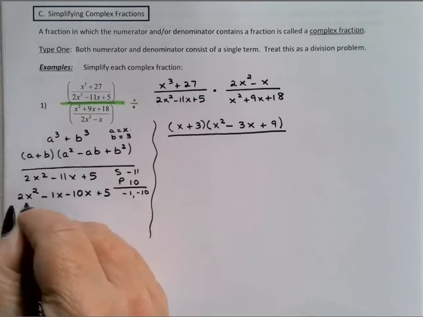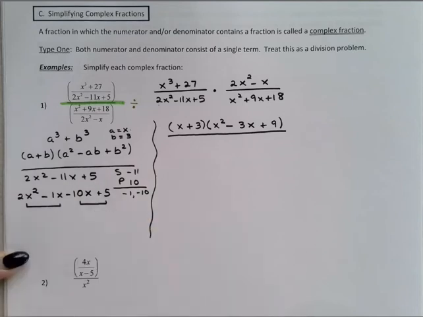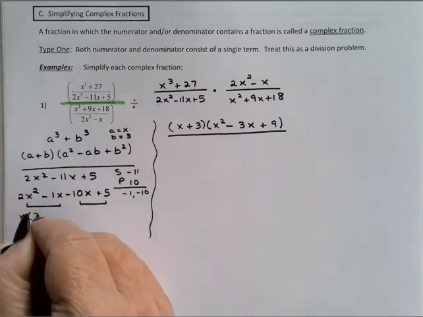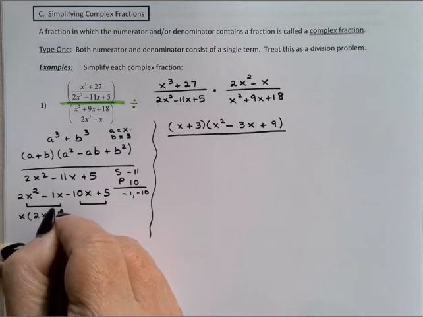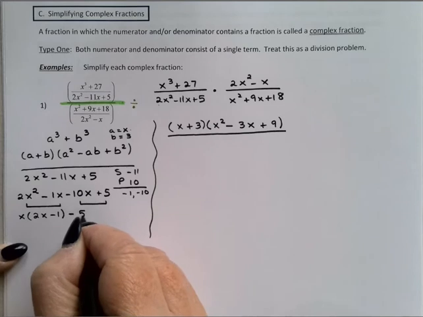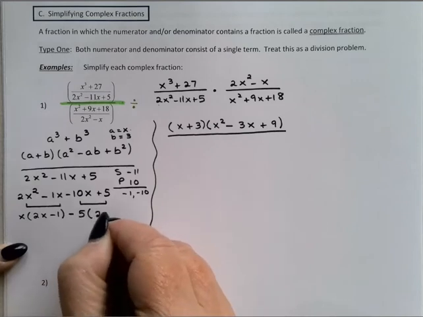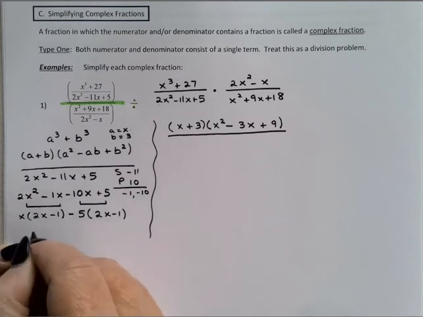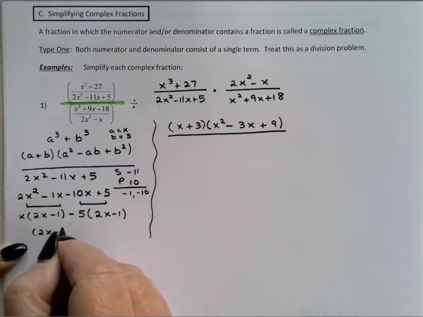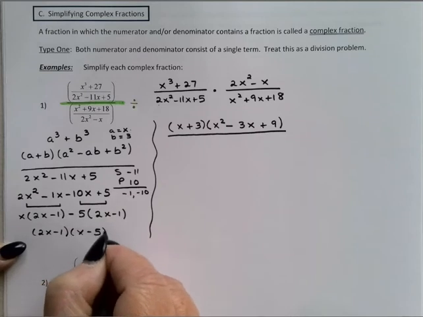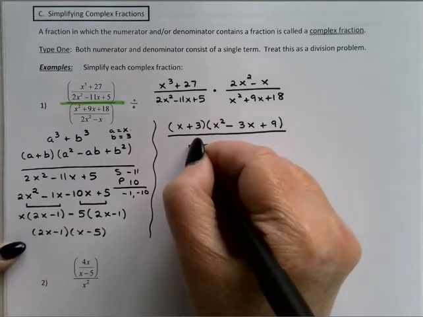And then I still have the plus 5. Factoring that by grouping, I can take out an x, which gives me 2x minus 1. Minus sign between the groups, and I'll also take out a 5, which makes that 2x minus 1 as well. 2x minus 1 is the common binomial. And when I factor that out, I'm left with x minus 5. So that's my denominator.